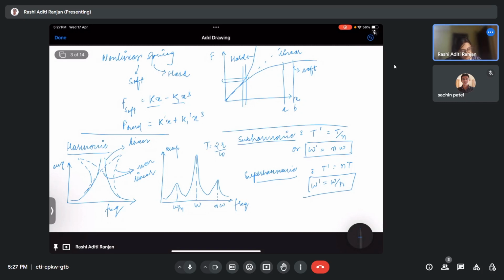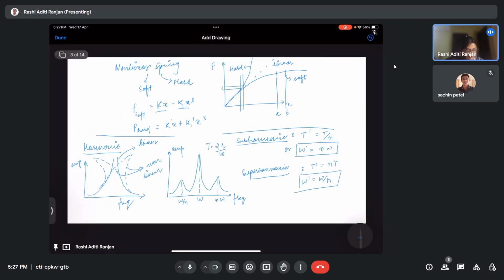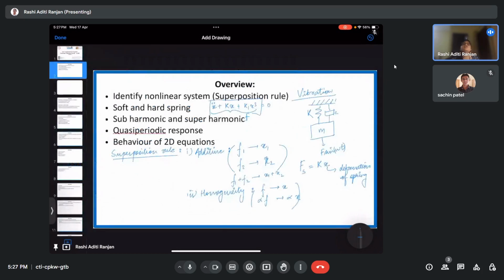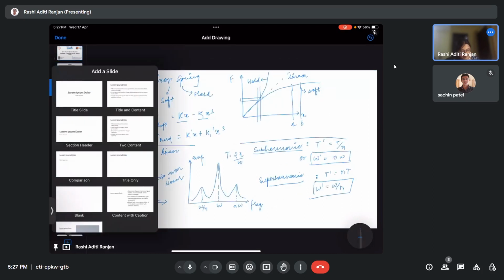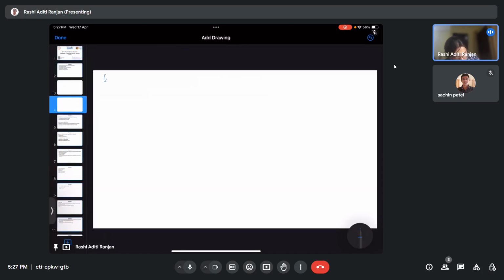Okay, coming on to other things, quasi-periodic response. In case of a quasi-periodic response, we characterize that a system will have a quasi-periodic response when there are two frequencies present in the system such that those two frequencies are incommensurable, or the ratio of these two frequencies is irrational.